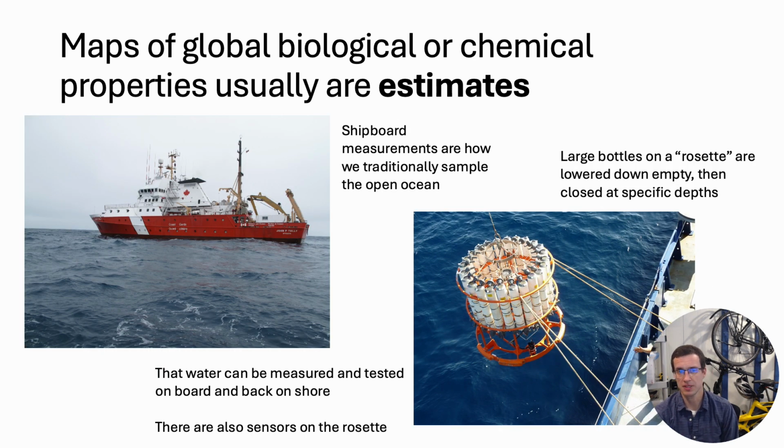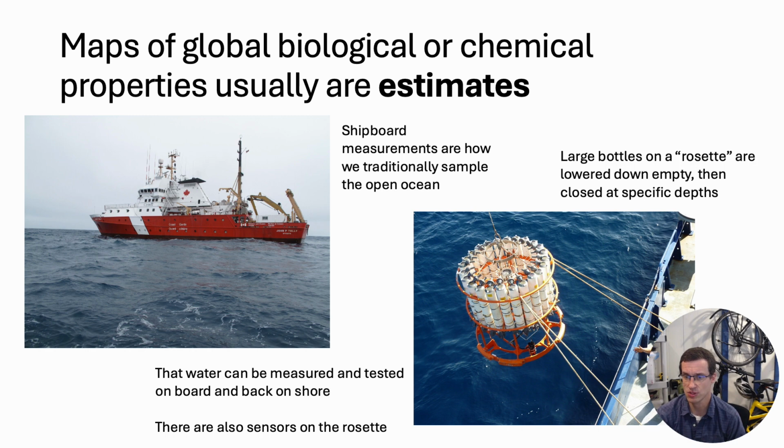And so when you peel back the hood and look at how we measure the ocean, a lot of the data that we see for chemistry certainly comes from shipboard measurements. That's traditionally how we've sampled the ocean. You put out a rosette. Each of those white tubes on this rosette are Niskin bottles. Each of those bottles will be tripped at a specific depth.